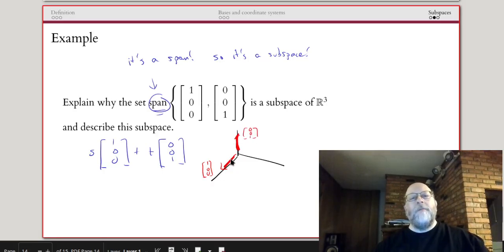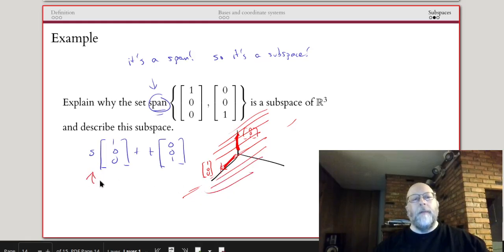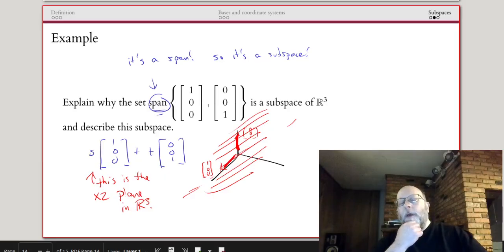And if I can take as many copies of (1, 0, 0), including a negative number, and add to it any number of vectors in the z direction, then what I'm going to get is the xz plane.